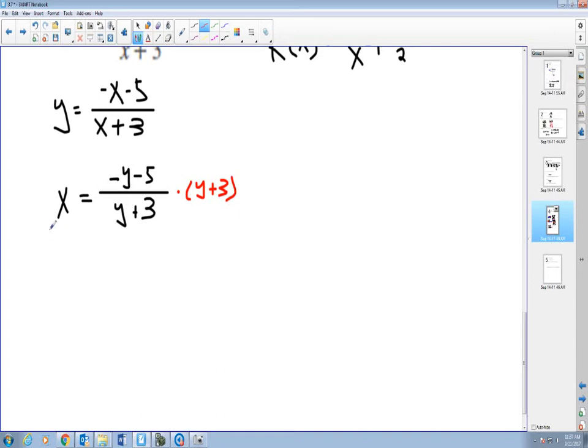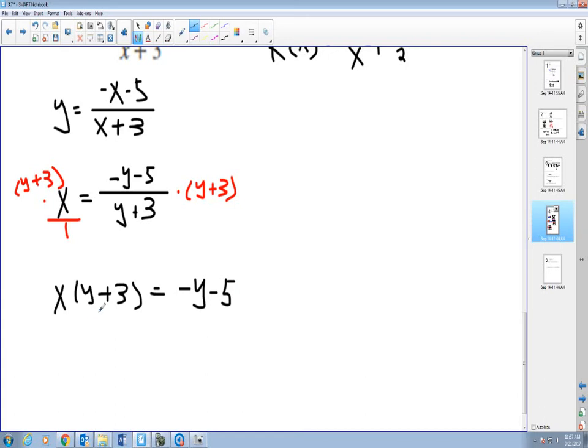We can use a cross product, maybe that will work. This times that, this times that. Okay, either way, doesn't matter what technique you use, it will say x times y plus 3 equal to negative y minus 5.